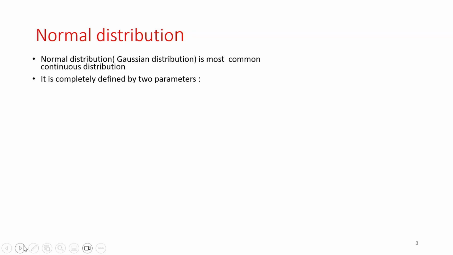We have already learned that every distribution can be described or defined by its parameters. Some distributions have two parameters, some have only a single parameter. So normal distribution has two parameters. One is the mean of the distribution and the other parameter is the standard deviation, that is sigma, of the distribution. Once we know these two values, the distribution will be known to us.